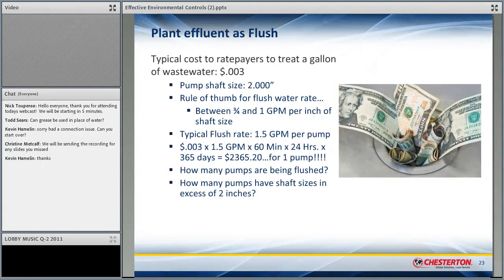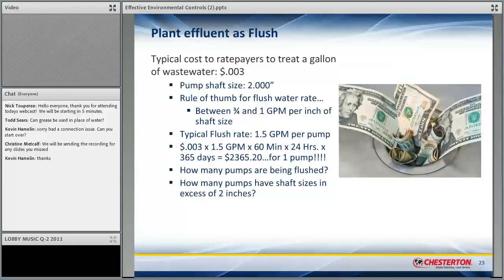Okay, so what about plant effluent as flush? Well, the issue is that it does cost a certain amount to treat a gallon of wastewater. Typical cost to ratepayers within a particular municipality is $0.003 per gallon.